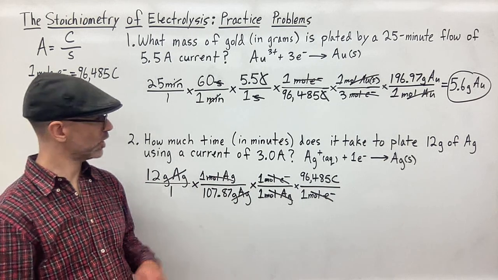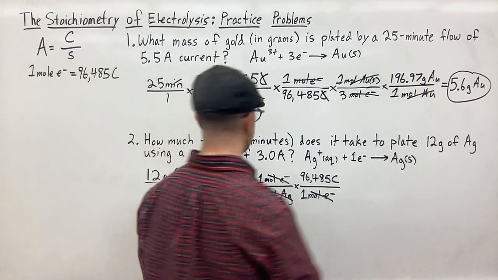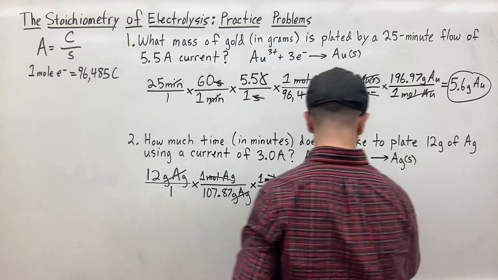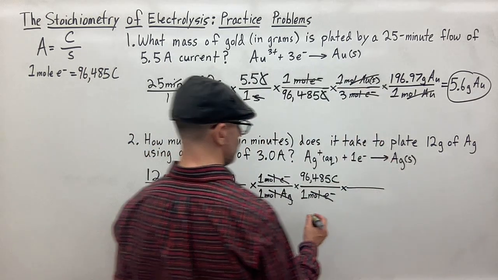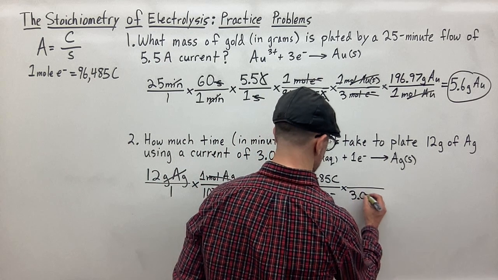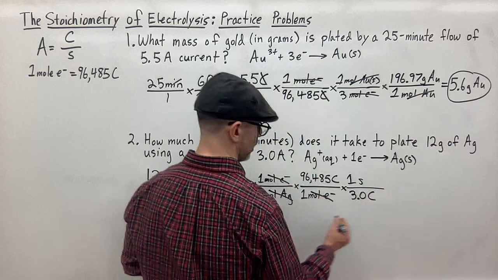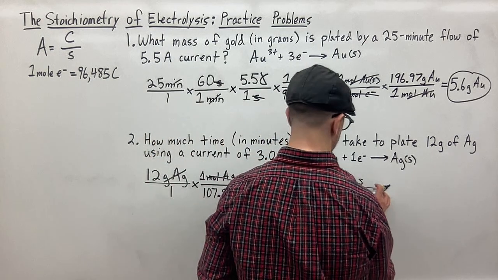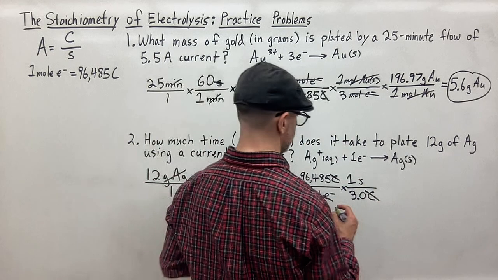And so here we're given that we have 3.0 amps. And again, remember, amps is coulombs per second. So now I can use that as a conversion. So I have coulombs on the top, so 3.0 coulombs per 1 second. So coulombs cancel out.